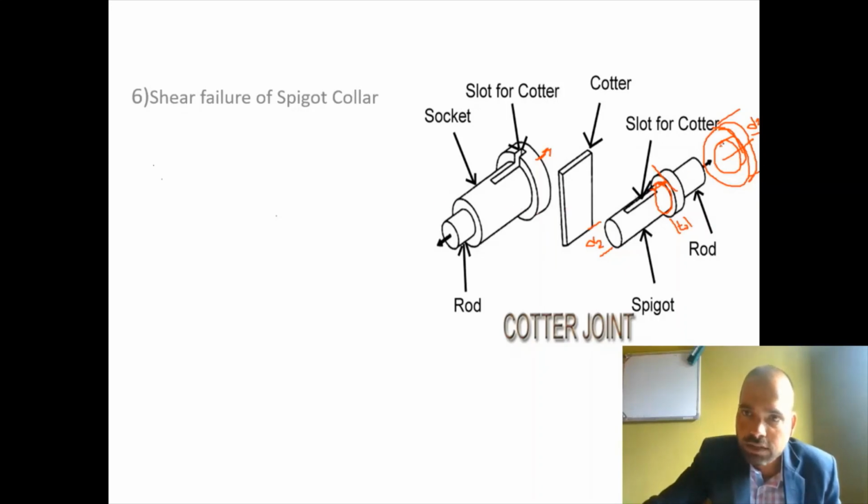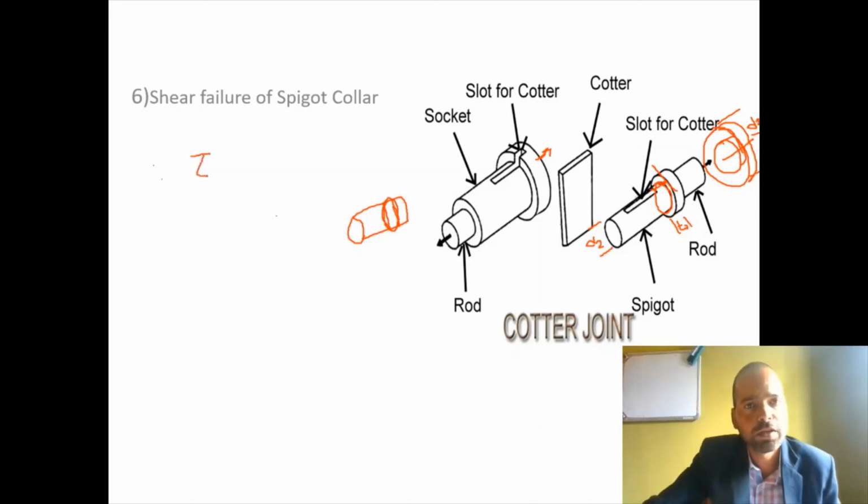If you consider this rod, this is the portion where the collar was available, so we have to consider this circumference, right? So how much is that circumference?